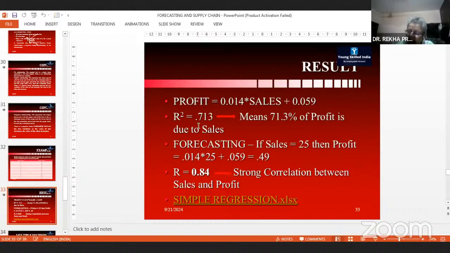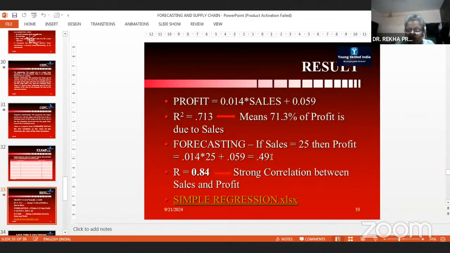Profit can depend not only on sales but many other factors. But from what we have calculated, we have come to the conclusion that about 70% of the profit is dependent on sales. Is it clear? Yes, ma'am. See, it means 70.3% of profit is due to sales.